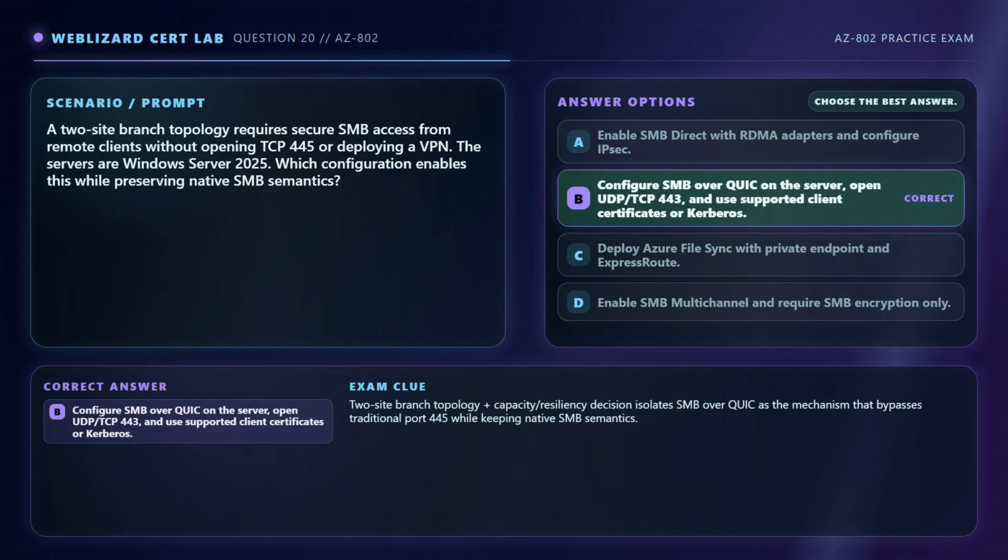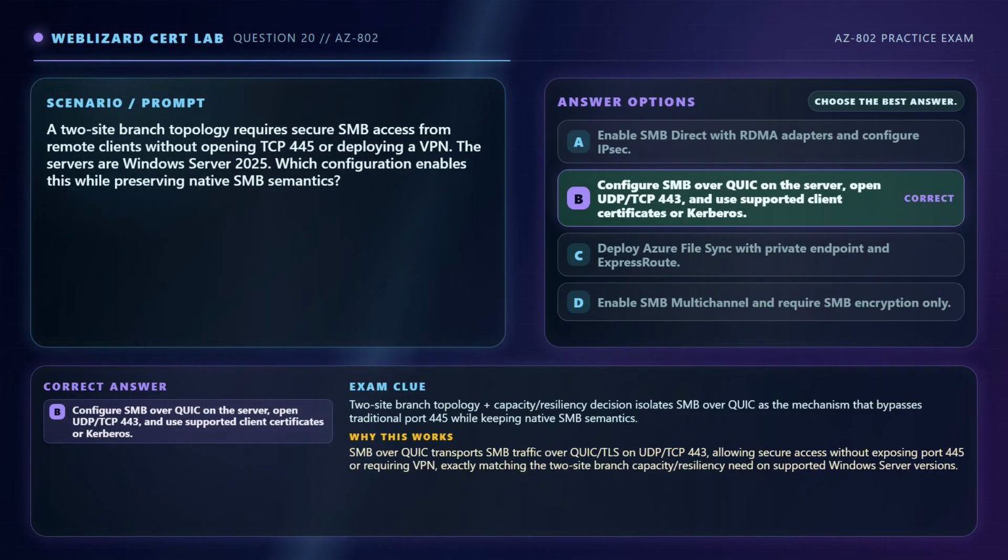The correct answer is B. Configure SMB over QUIC on the server, open UDP/TCP 443, and use supported client certificates or Kerberos. SMB over QUIC transports SMB traffic over QUIC TLS on UDP/TCP 443, allowing secure access without exposing port 445 or requiring VPN, exactly matching the two-site branch capacity and resiliency need on supported Windows Server versions.